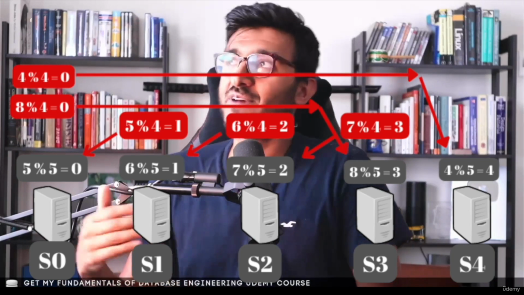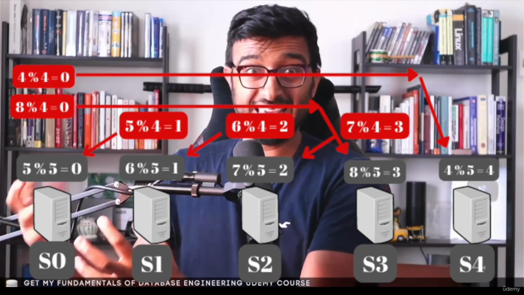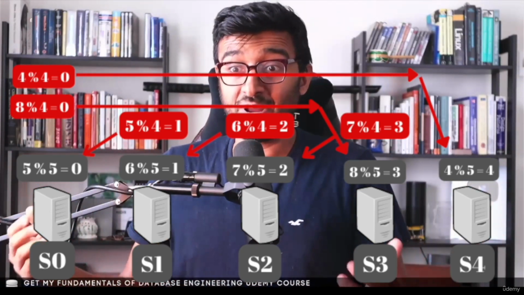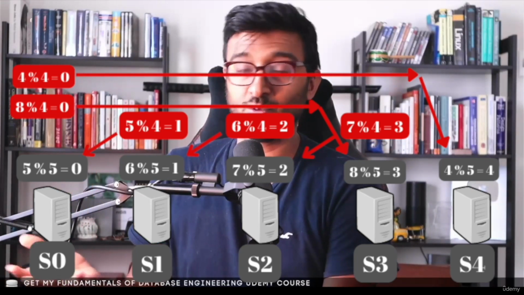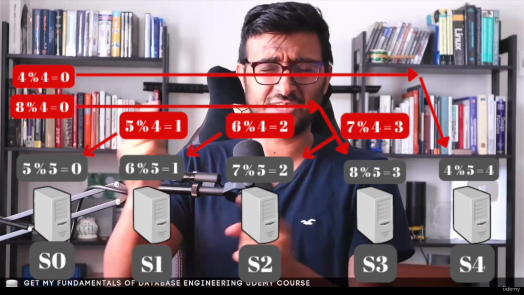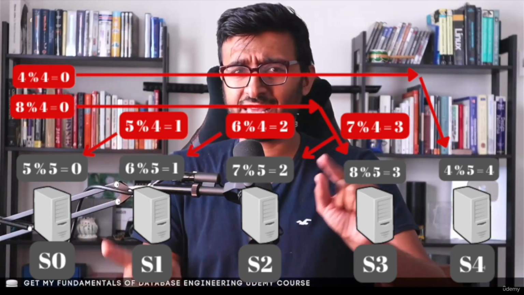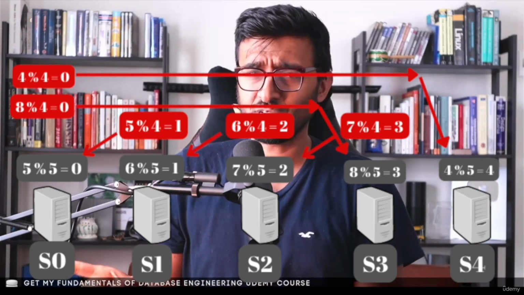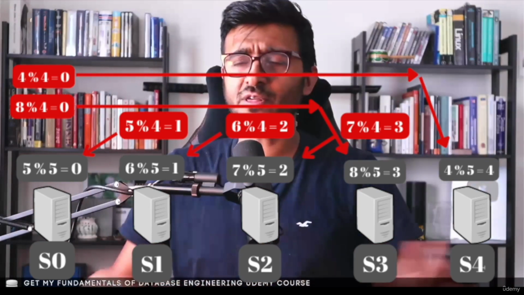Previously, you do 4 modulo 4, so the key 4 used to live on server S0 because 4 modulo 4 is 0. But now 4 modulo 5, since we have 5 servers, gives you 4. So it's now on S4. So now you need to move the key with value 4 from server 0 to server 4. And now you have to move everything else.